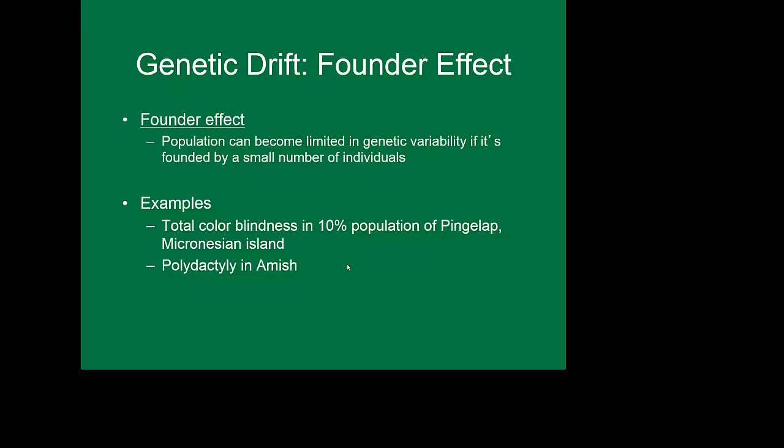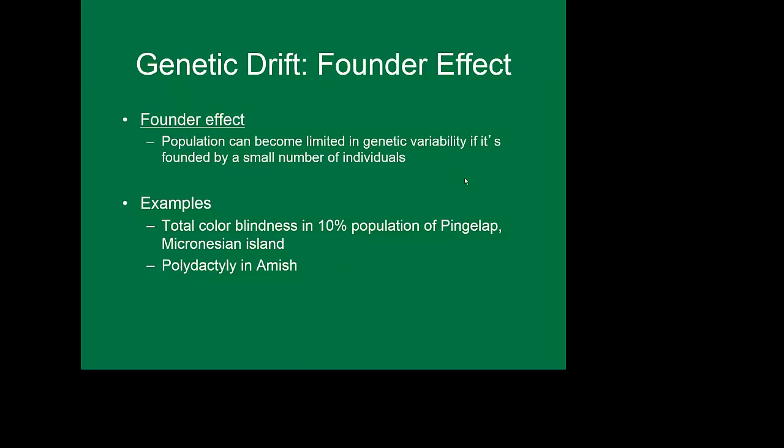Okay. Founder effect is also a type of genetic drift. So many folks think about this as the opposite of a bottleneck. Rather than taking a fixed population and cutting it down, you're now taking select individuals and moving them to a new location that does not have any of those particular individuals.